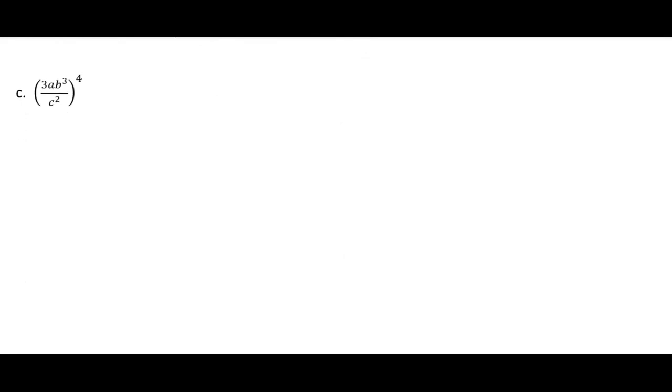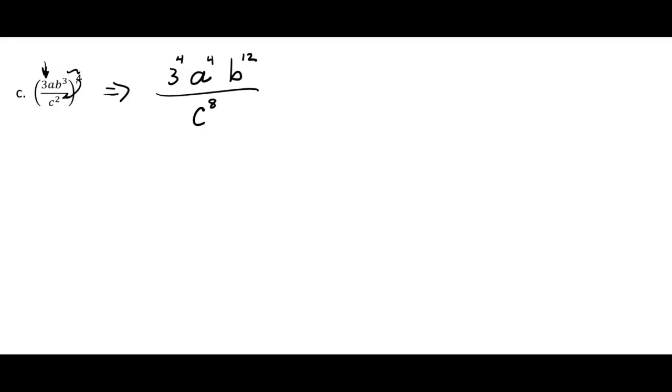All right, the next one looks like we have a little more involved. How many bases are there? Well, there's the 3, the coefficient, and then the a and the b and the c. So we've got to bring that 4 into all of those. So it's going to be 3 to the 4th power, a to the 4th power, b to the 12th power, because I'm going to go 3 times 4, over c to the 8th power, because it's going to be 4 times that 2.